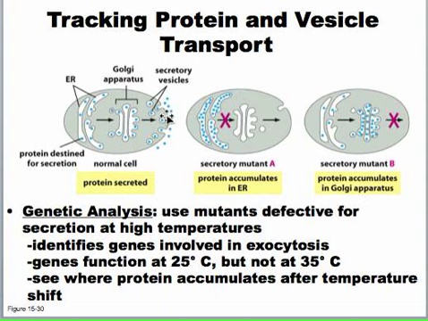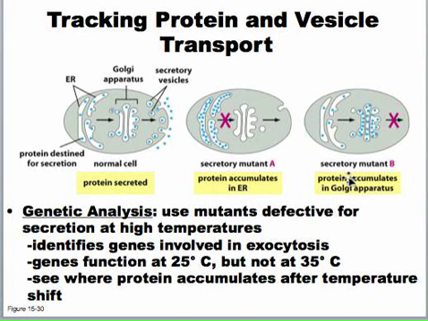Now let's say we have a mutant, and we'll call it secretory mutant A, where this mutant is going to cause all of our protein to accumulate in the ER. What we can glean from this is that the protein secretory mutant A is important for vesicle formation and transport from the ER to the Golgi.